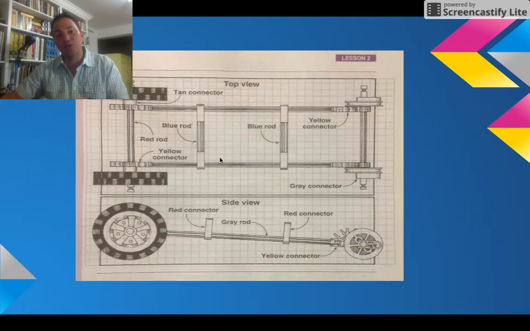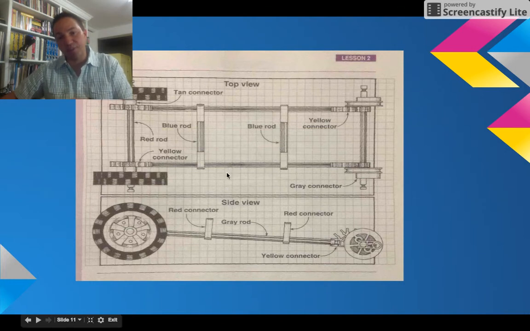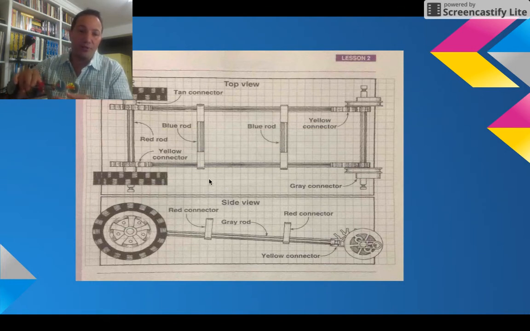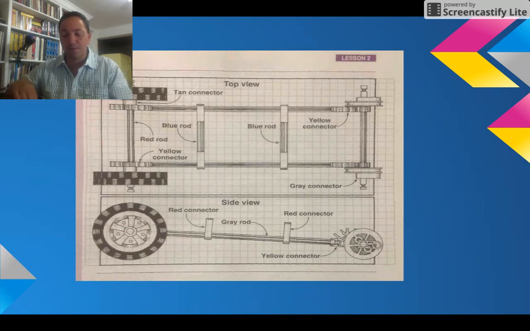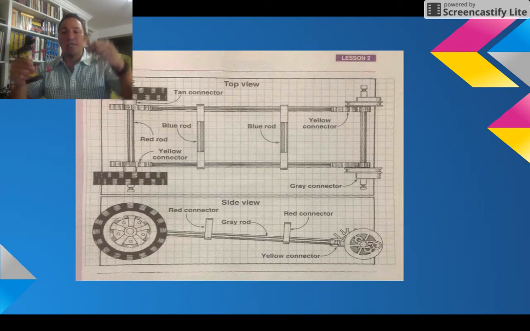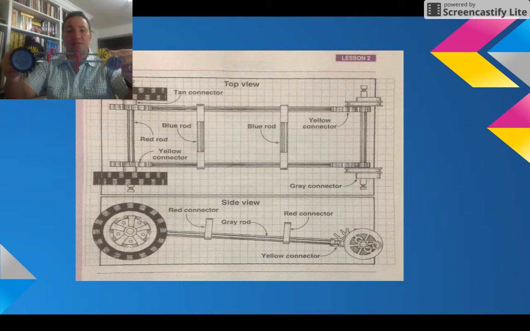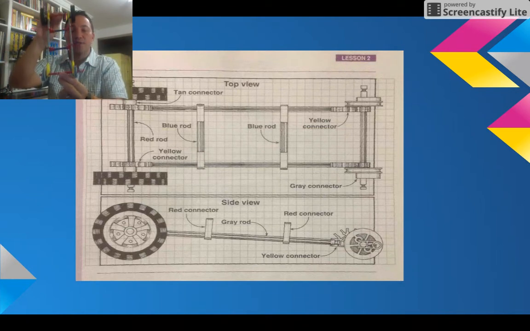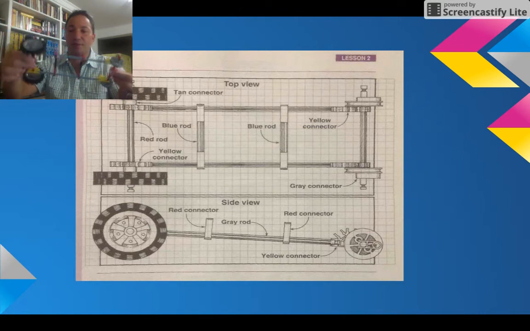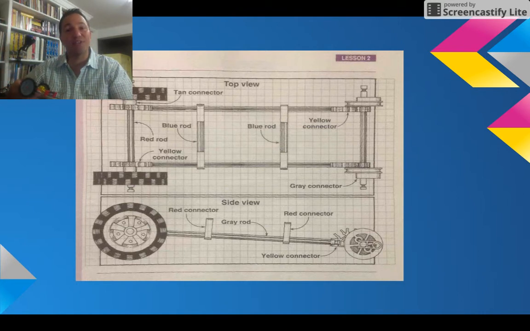Now, this technical drawing can be found again in the student booklet. And this is what it looks like. Notice the top view, notice the side view of the vehicle. And at the end of this lesson, the students should have something that looks just like this. Now, every single student should have the same exact vehicle because they are all following the same exact technical drawing.